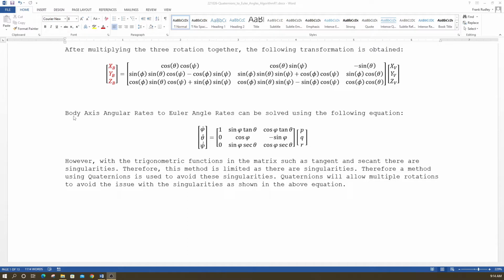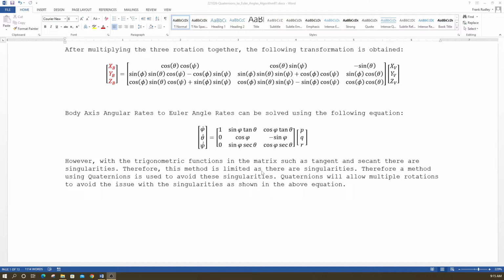So it says body axis angular rates to Euler angle rates can be solved using the following equation. So we could use this to actually get this. This is a phi, kind of the shorthand for phi, which is the same as this phi. Okay, however, with the trigonometric functions in the matrix, such as the tangent and secant, there are singularities.